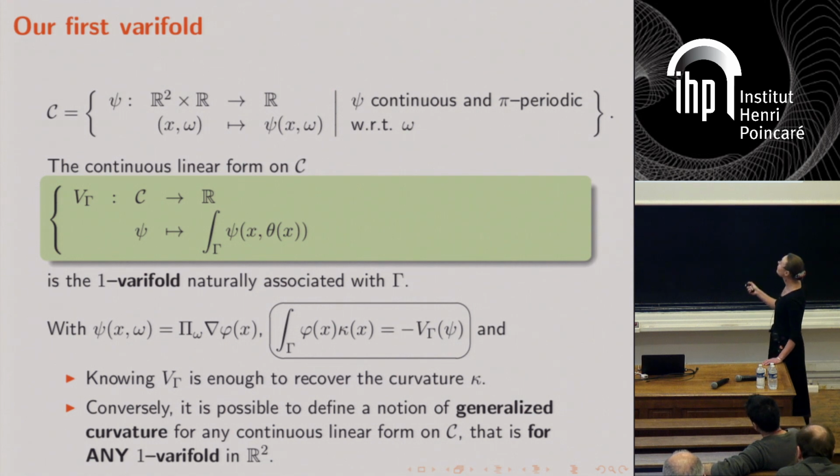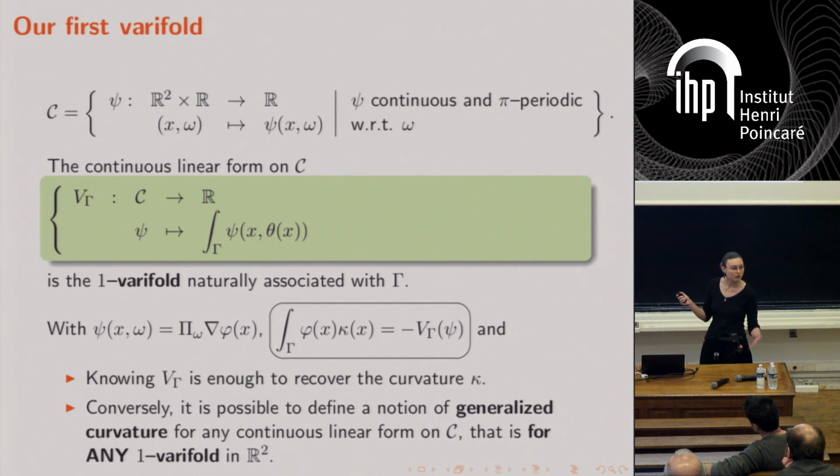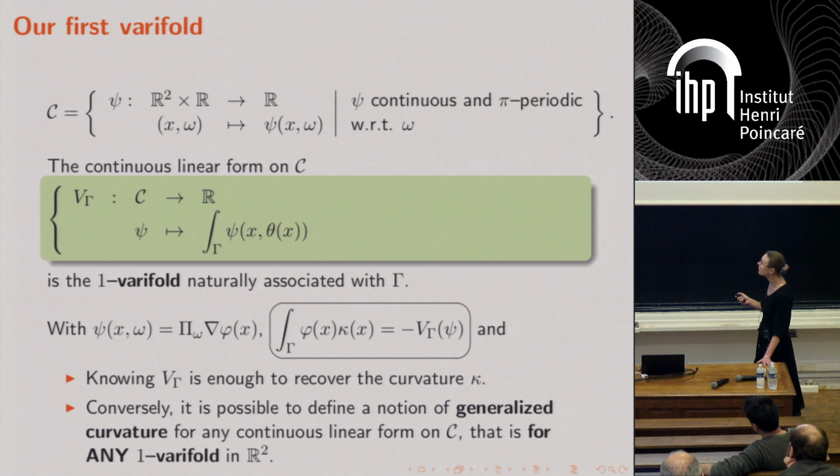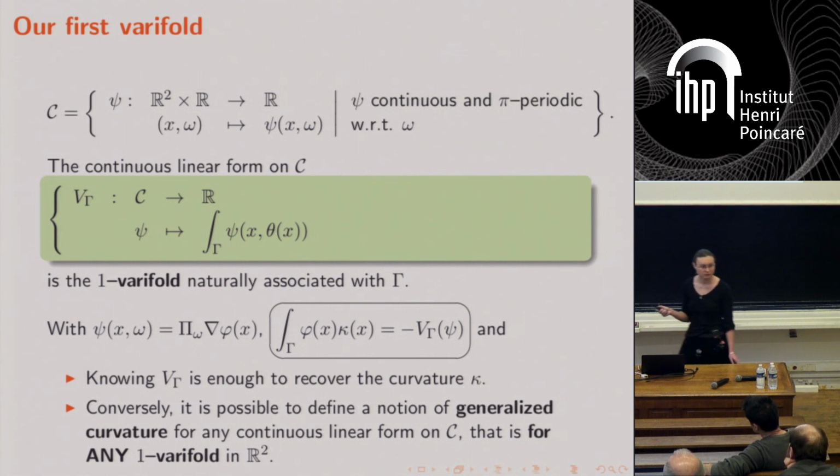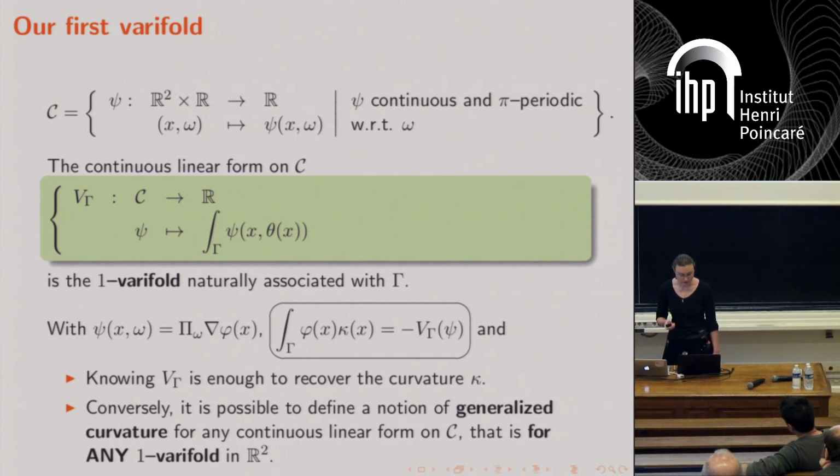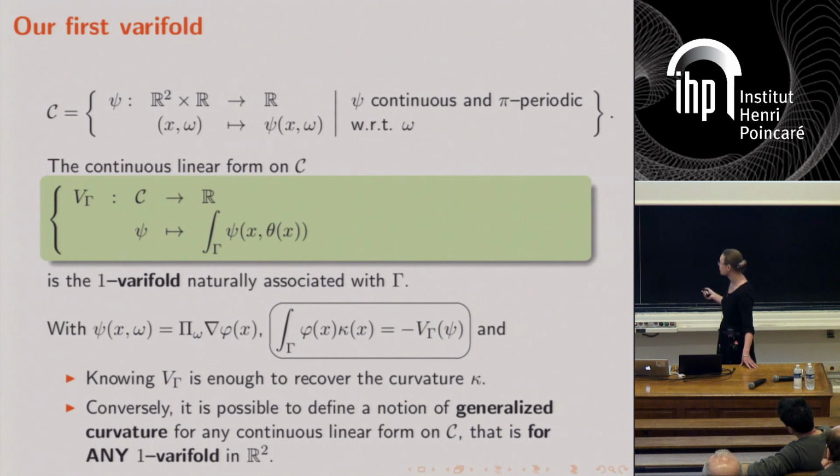And conversely, as soon as you have a continuous linear form on those continuous functions, then you will be able to define a weak notion of curvature. So that was a simple example of a curve in R2. And now I'm going to explain how you generalize it to a surface or a higher dimension.